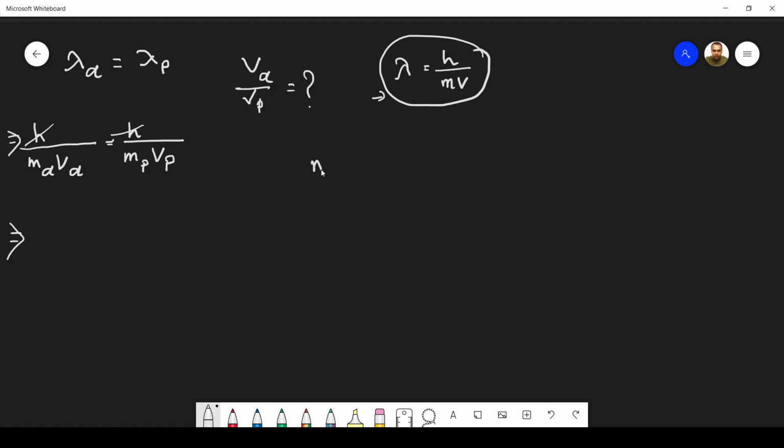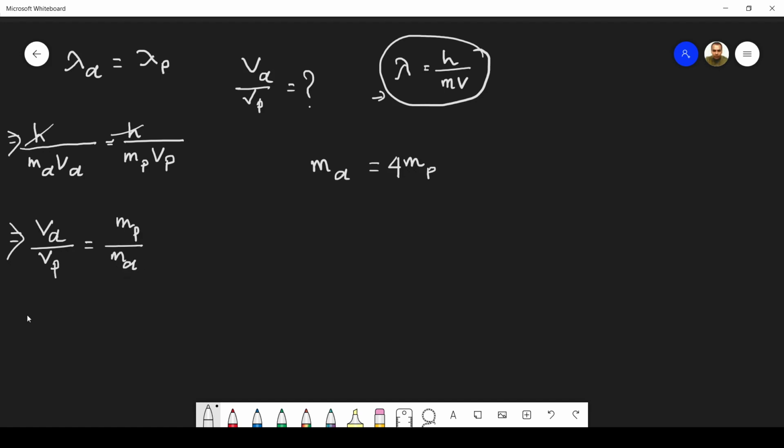Now what is the relationship between the mass of an alpha particle and the mass of a proton? The mass of an alpha particle is equal to 4 times the mass of a proton. Let us substitute this value. We have to find v alpha by vp, and that is mp divided by m alpha.